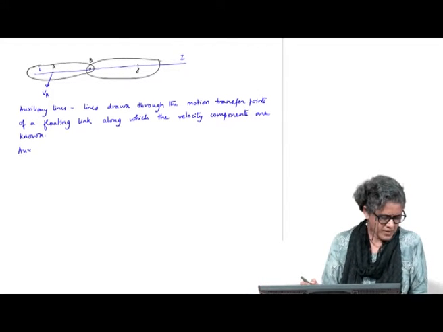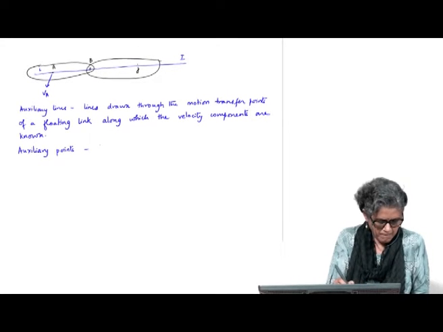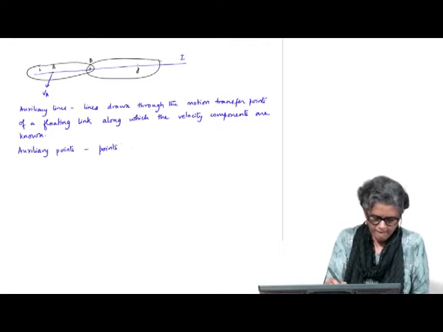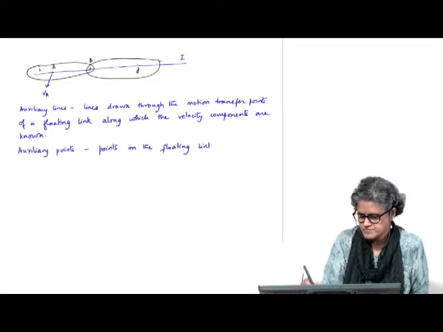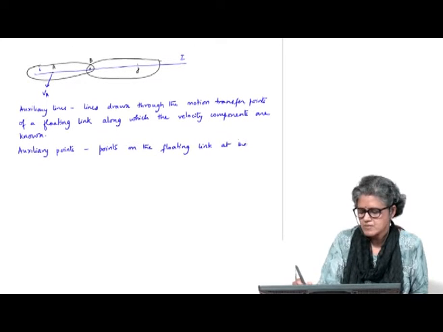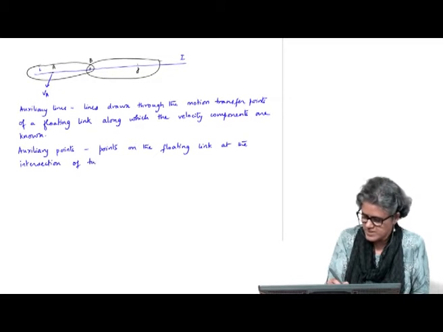And auxiliary points are points on the floating link at the intersection of two auxiliary lines. This will be clearer as we do an example.